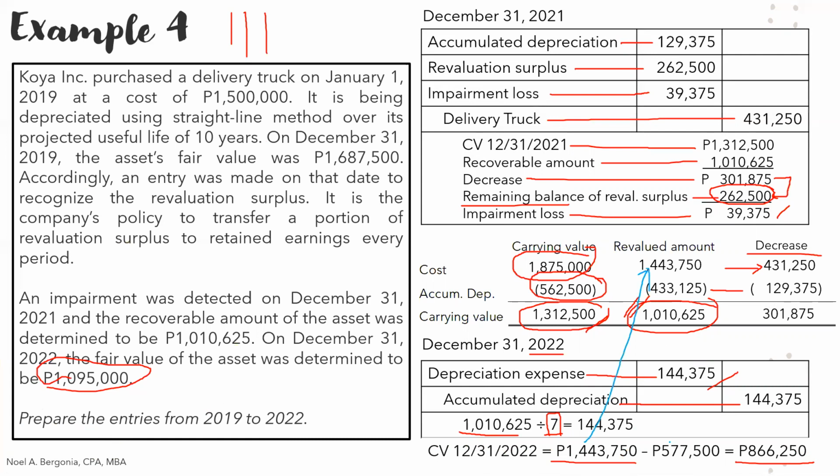Then itong 577,500 mula sa accumulated depreciation na 433,125 plus the 144,375 in 2022. Okay? So kaya ang ating revised carrying value was 866,250.